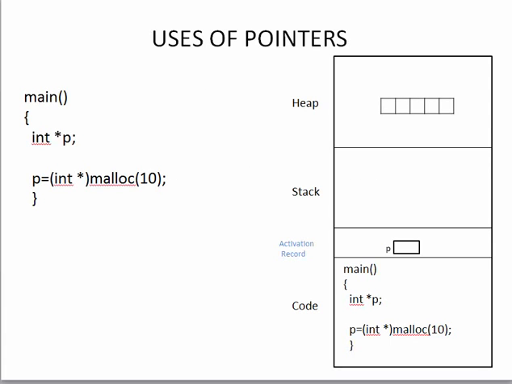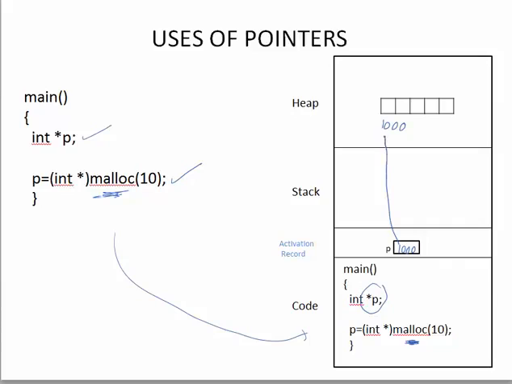Here I have taken an example where I have a pointer, and using the malloc function I am allocating 10 bytes of memory in heap. So this is the function for allocating memory from heap. Once the program is loaded in the main memory, the activation record is created and it has only one variable, that is P, so the memory is allocated. Now when the program executes the malloc instruction, the memory is allocated in heap and the address of that location, let us say the address of the very first byte is 1000, is stored in the pointer.